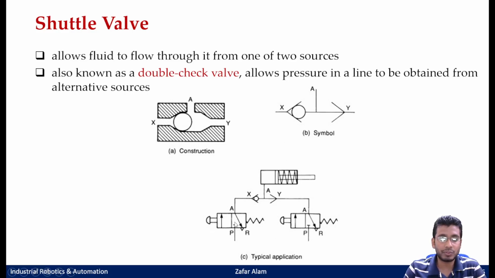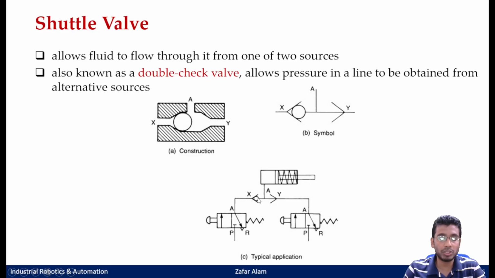So you have two valves. This is a direction control valve and this is another direction control valve. You will know much more in detail as we proceed through the lecture. For now, just try to focus. This is basically a push button or roller type valve. Either you can extend this single acting cylinder through this valve, or you can also extend this single acting cylinder through this valve.